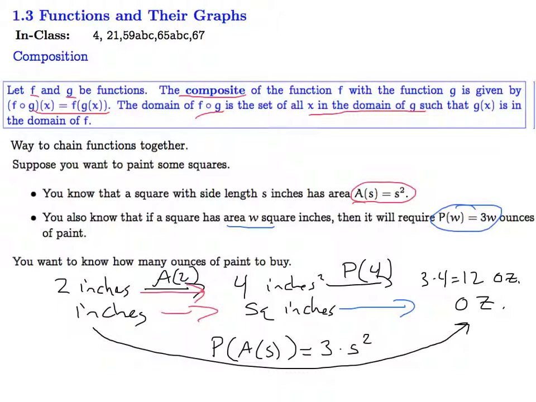Now, we're going to go over another example where we go through the algebra of this, but this is the basic idea: composition allows us to combine two functions to make one much easier function. Because now we can just give this new function a name, h. If we take h of 2, well, this is 3 times 2 squared, which is equal to 12 ounces.